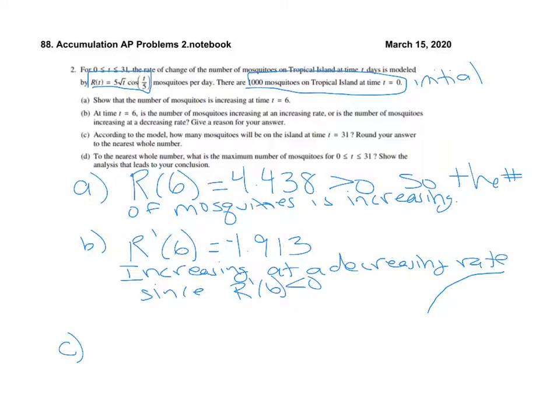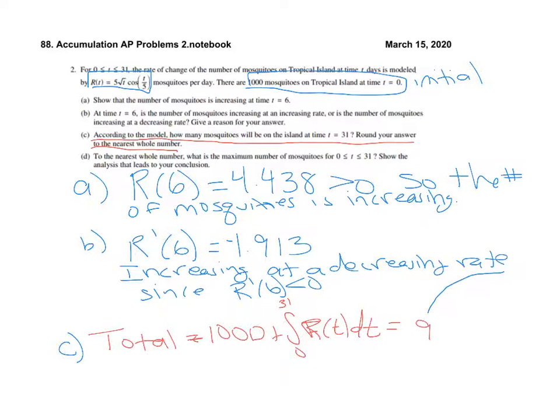According to the model, how many mosquitoes will be on the island at t equals 31? So this is our total, right? So many of the problems ask this. I like to write total equals my initial, which is 1,000, plus the integral from 0 to 31 of, it's not f in this one, r of t dt.